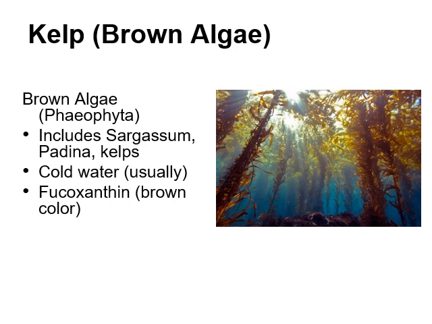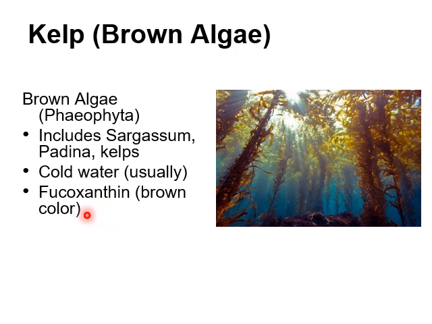So first, a little bit about kelp, right? So kelp is brown algae, right? We learned back in chapter 5, or maybe it was 6, I should say, that algae includes brown, green, and red. And brown algae, what are known as the Phaeophyta, are the group that includes the kelps. So brown algae includes sargassum, what's known as padina, and then all of these different types of kelps. So brown algae, in particular kelps, typically are found in cold water.